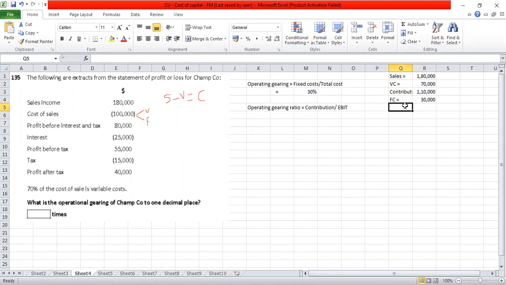Then EBIT is equal to contribution minus fixed cost.